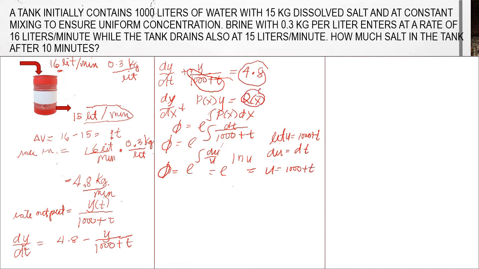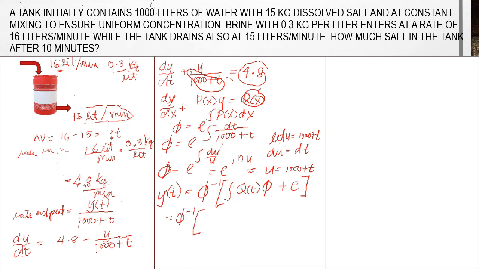Thus your function of mixture, y as a function of t, is just equal to the inverse of the integrating factor multiplied by the integral of q of t times your phi, plus c.